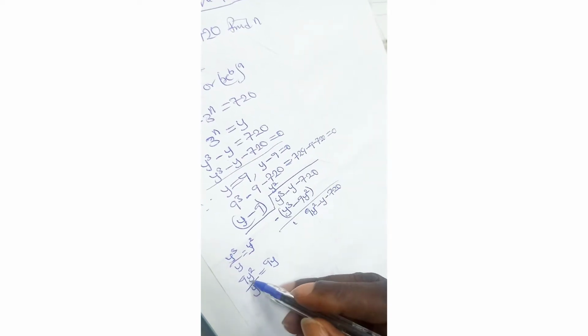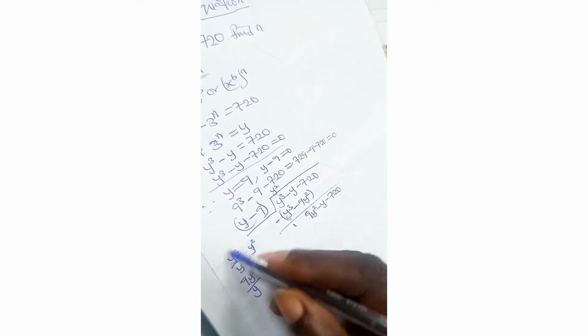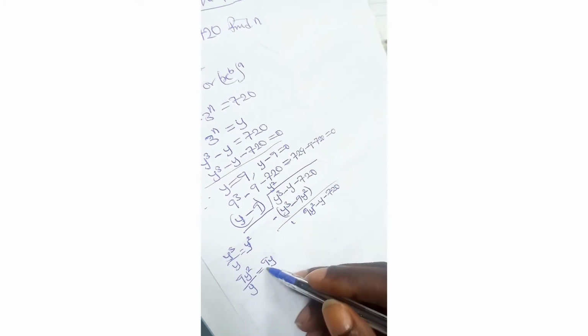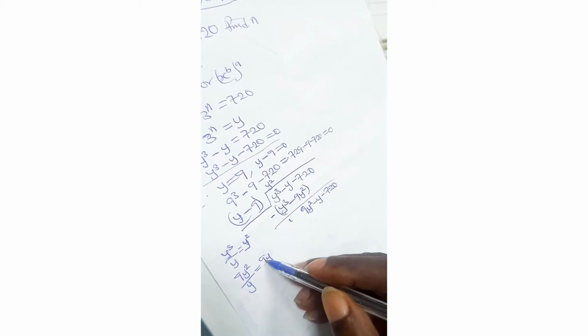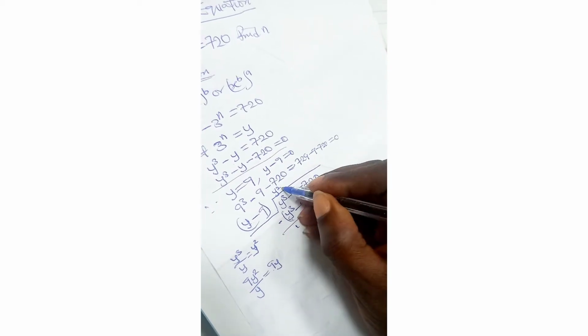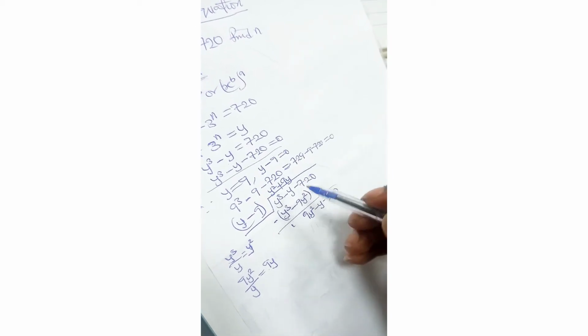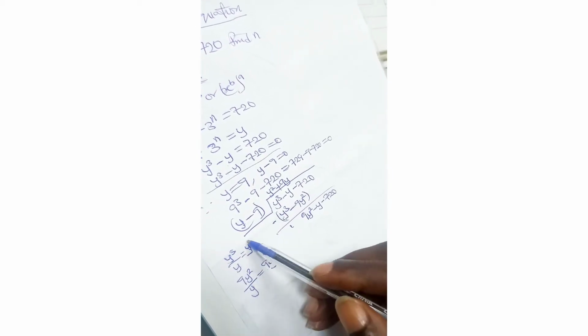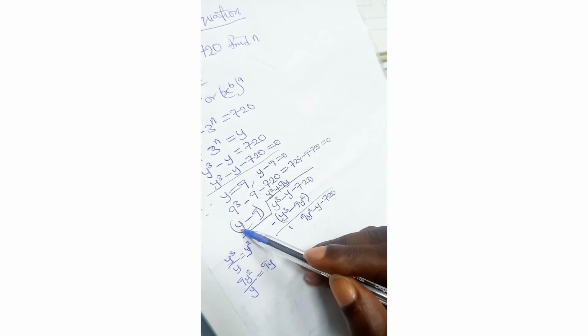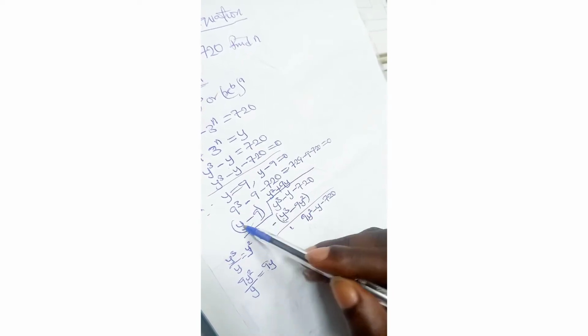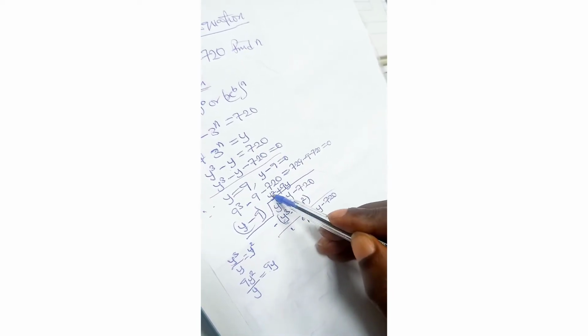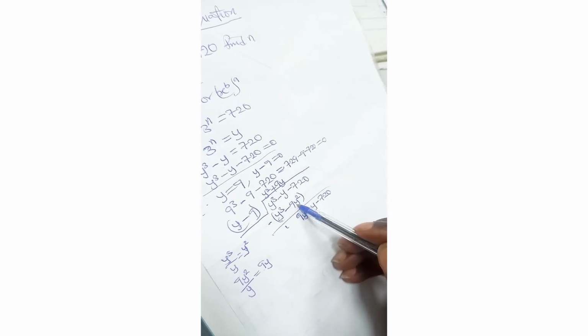Now the same thing we did here was done here too. Then we have 9y, which is positive, and 9y will be placed here. You remember when we did this and placed it here, we used the 2 of what we have in this bracket to multiply this, and that was how we got this.